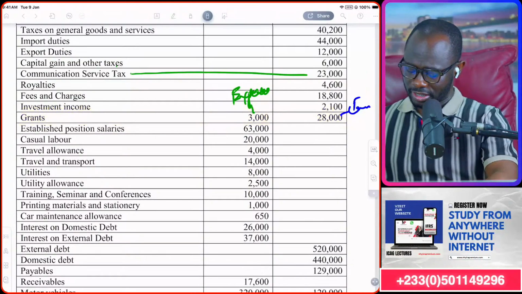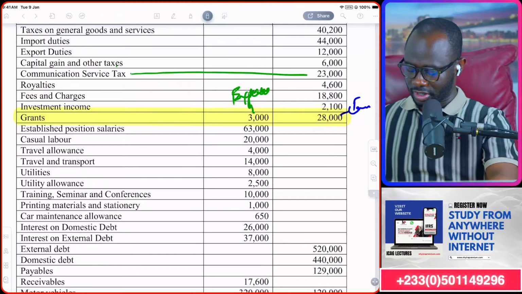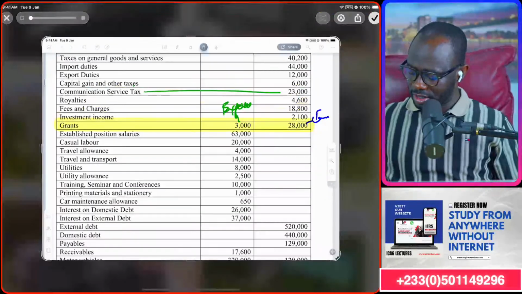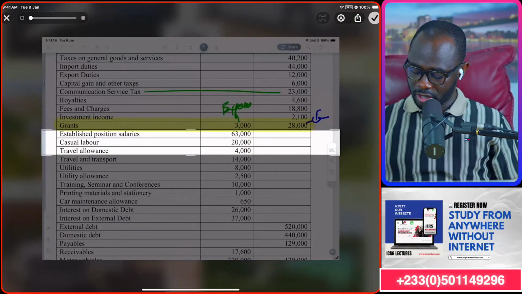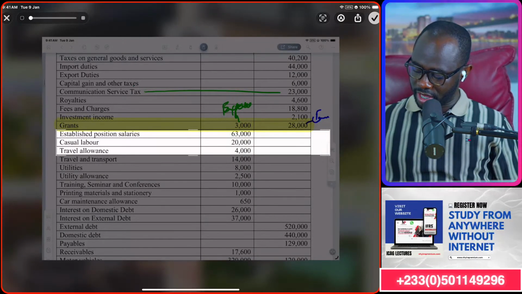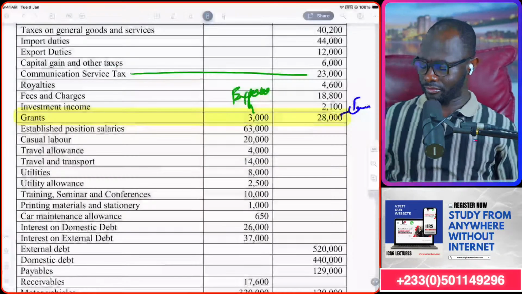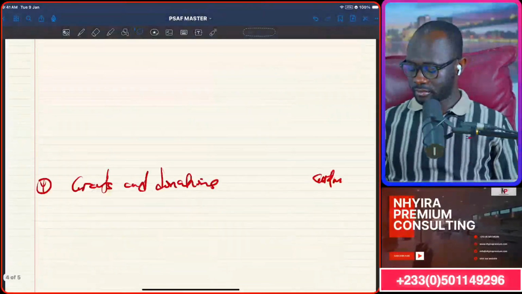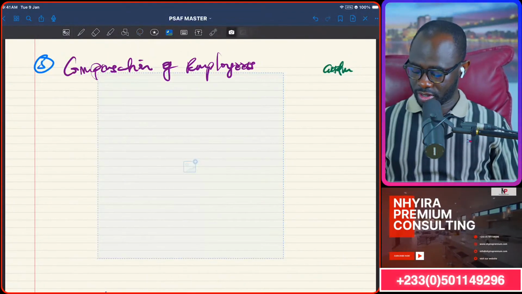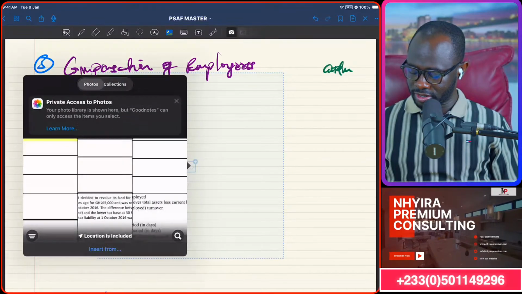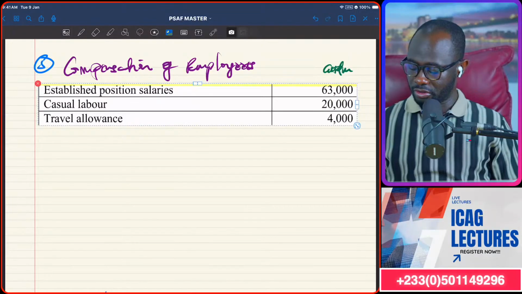So those first three must come under compensation of employees, because they are all payments we made to the employees of the entity. So that is compensation of employees. There we go.